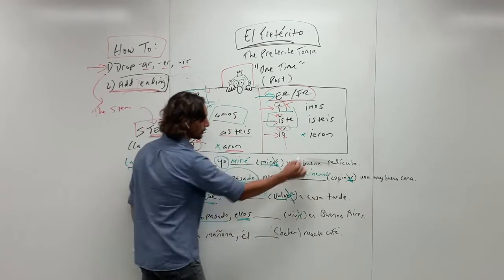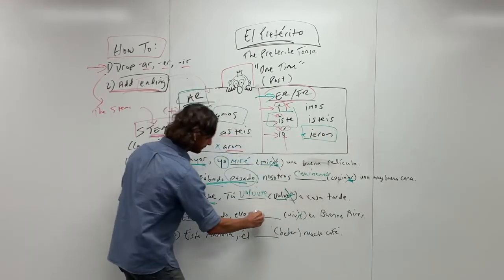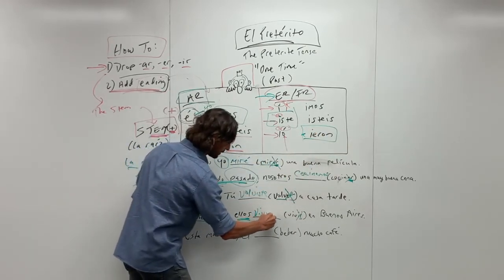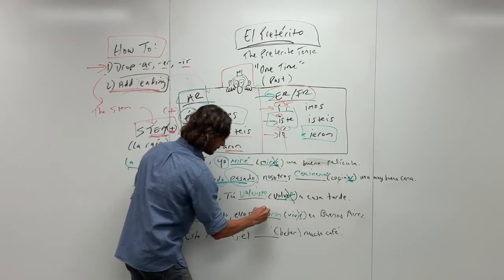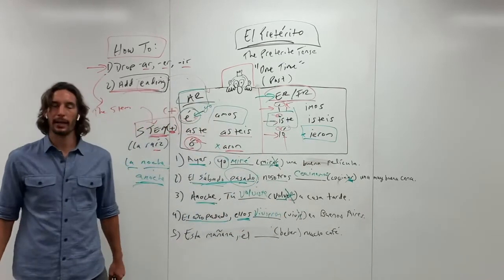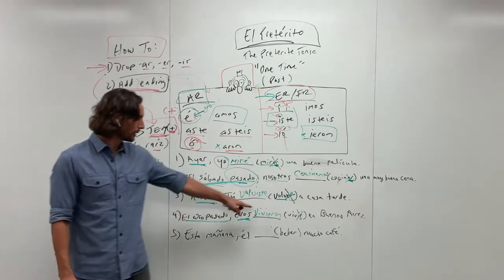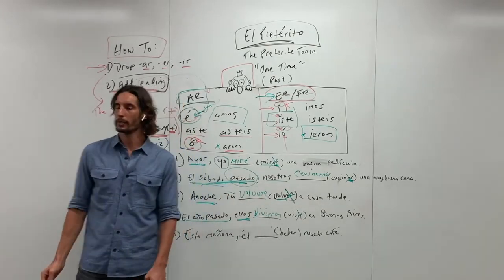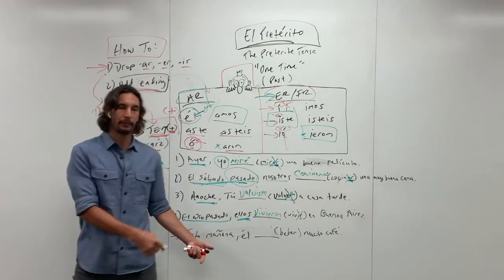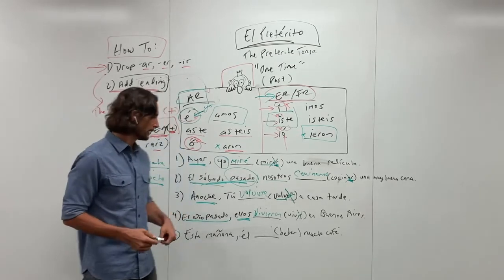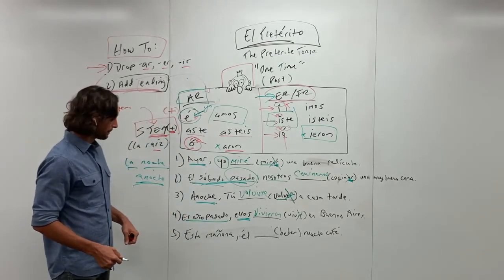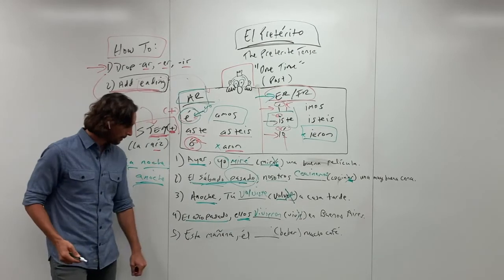And we have ellos, so we need this. So we would put el año pasado, ellos vivieron en Buenos Aires. So last year, they lived in Buenos Aires, in Argentina. Good. That looks good, right?